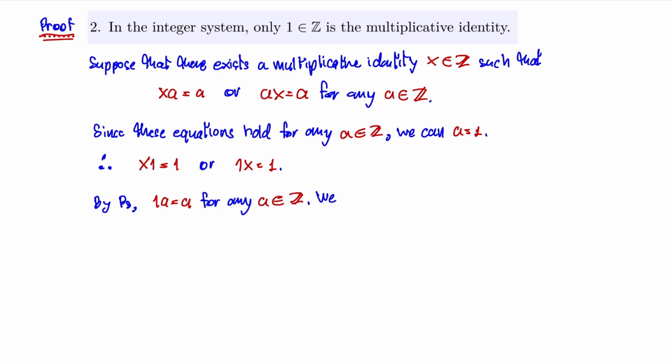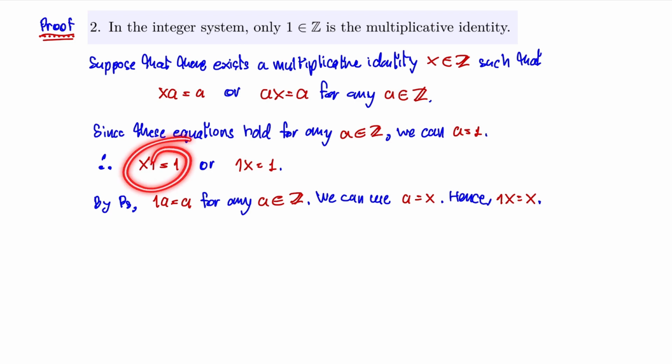So we can use a equal to x, hence what happens to this equation? We have 1x equals x.